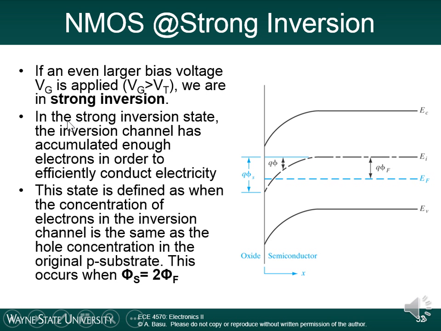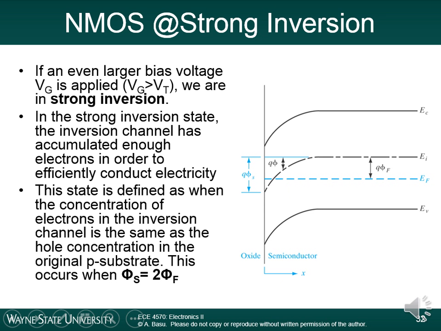If a large bias voltage is applied, we are in the strong inversion state. In the strong inversion state, the inversion channel has accumulated enough electrons in order to efficiently conduct electricity. The way that we define strong inversion is when the concentration of electrons in the inversion channel is the same as the hole concentration in the p-type substrate.